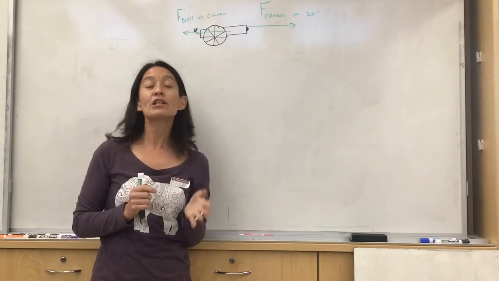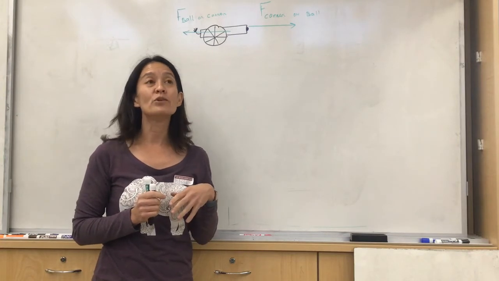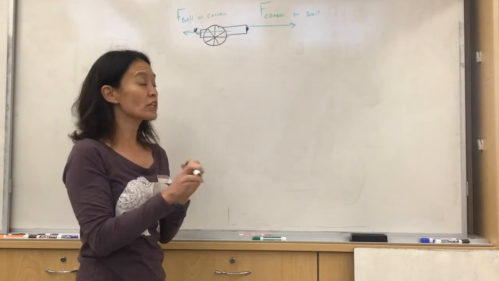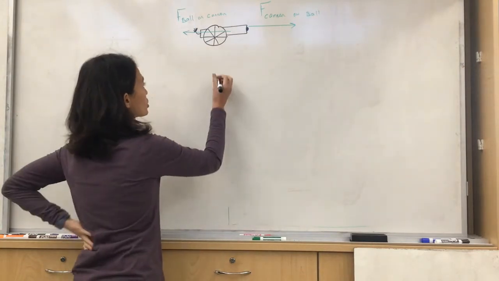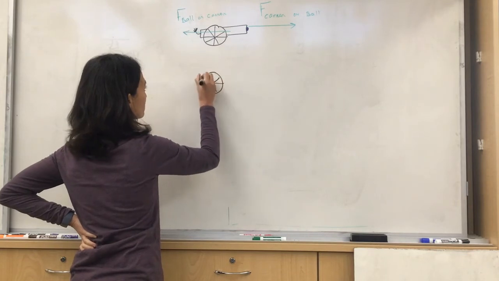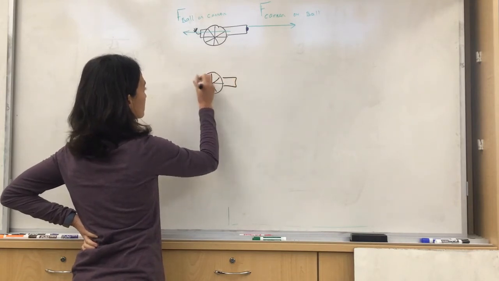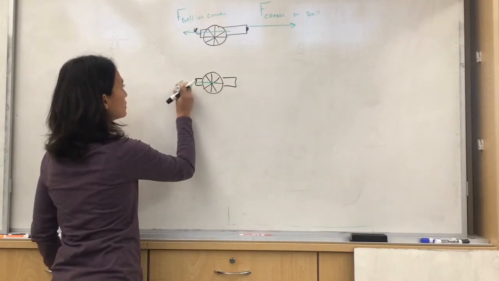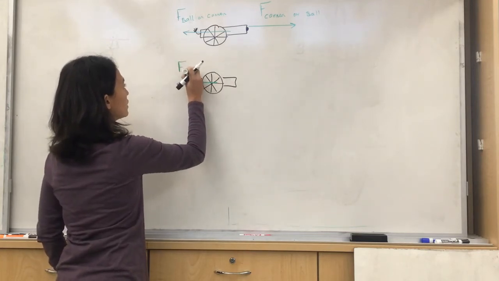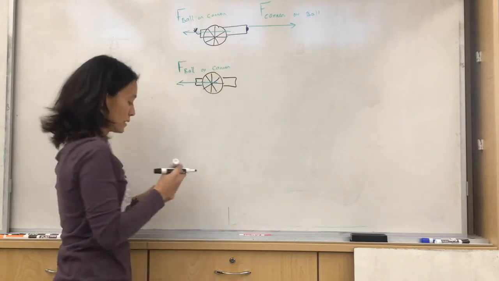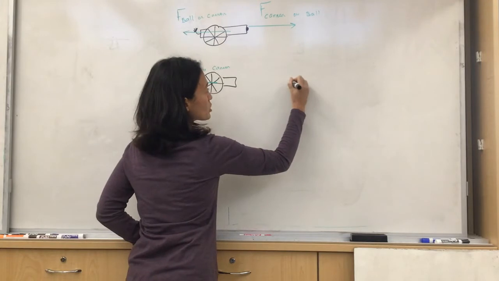Now, if I look at this through the lens of Newton's second law, Newton's second law says just look at the object by itself. So if I'm just thinking about my cannon, it has this force of ball on cannon, and my ball, I'm just going to draw separately.